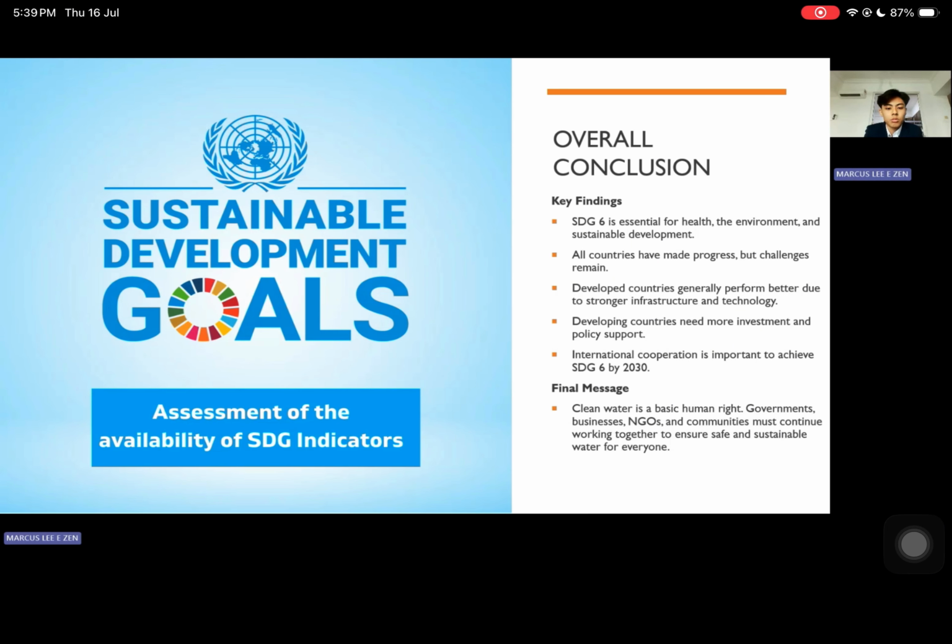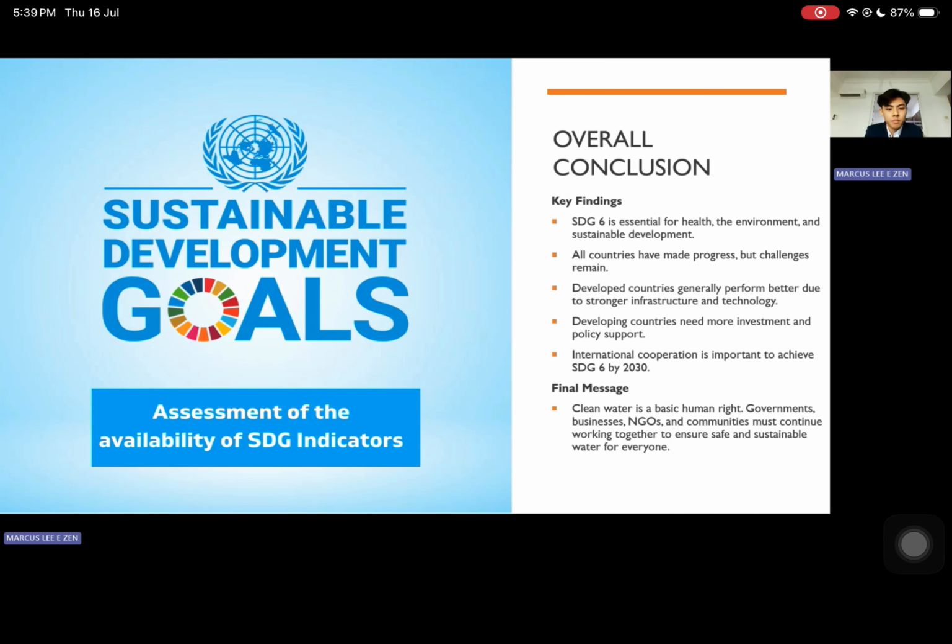Developed countries like Portugal and the UAE perform better because they have stronger infrastructure, with better technology and effective water management. Meanwhile, developing countries such as Peru and Pakistan still need more investment and stronger government policy.